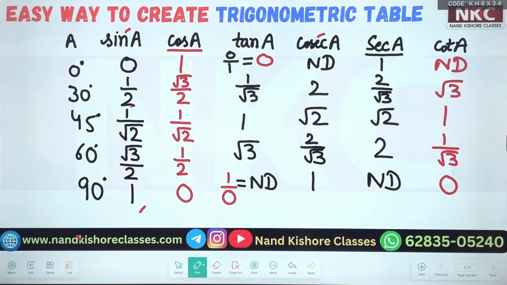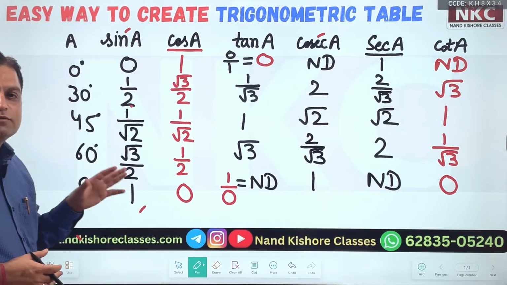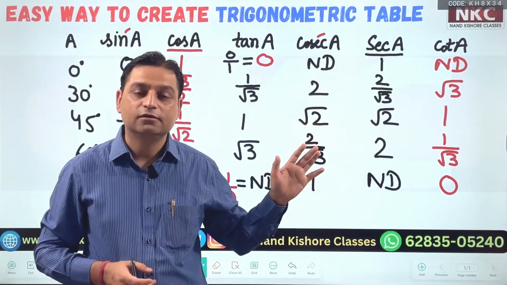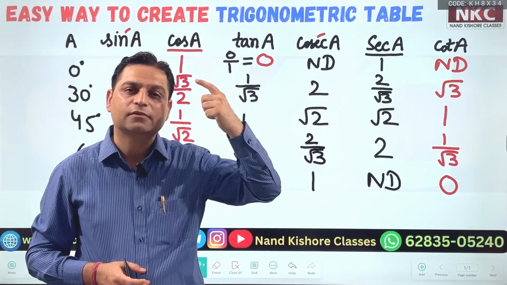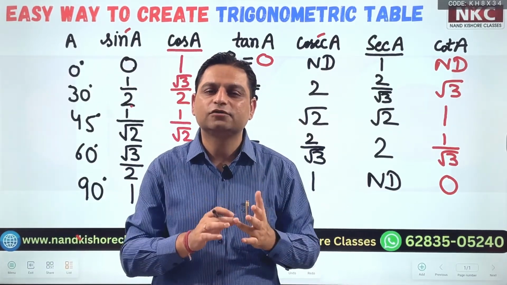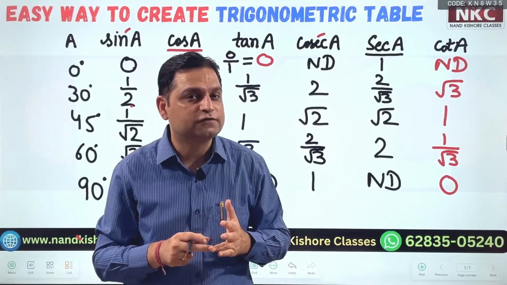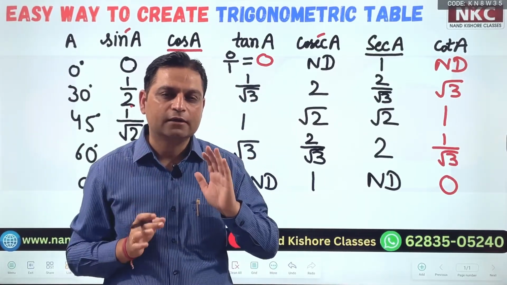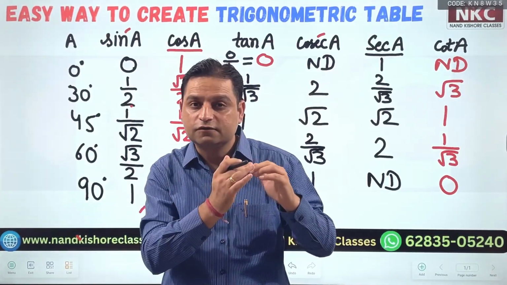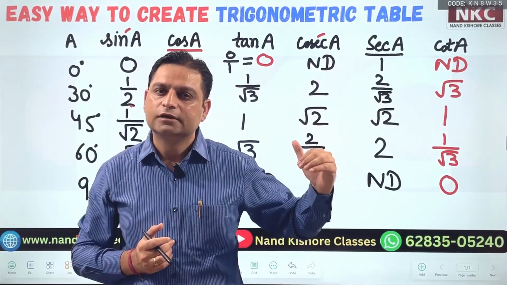You can take a screenshot of this table, and once you are habitual of writing it, then it is not required. We will keep it in our mind and we will do some calculations. For example, somebody asks you what's the value of cos 60. Now, if you are comfortable with the table, cos is the second column, 60 comes at the second last position.